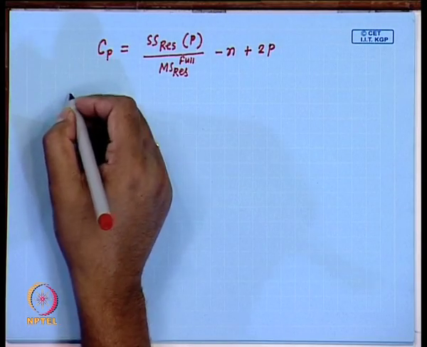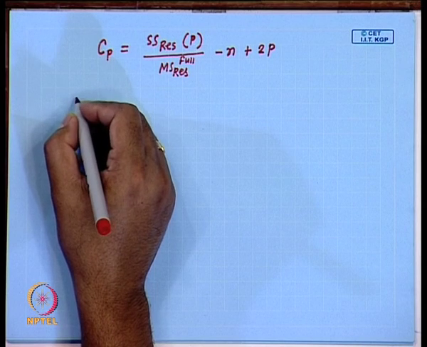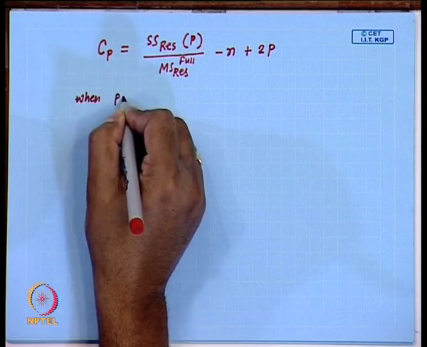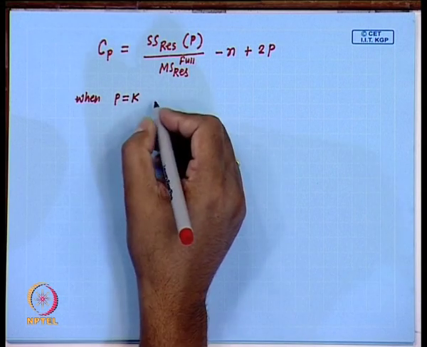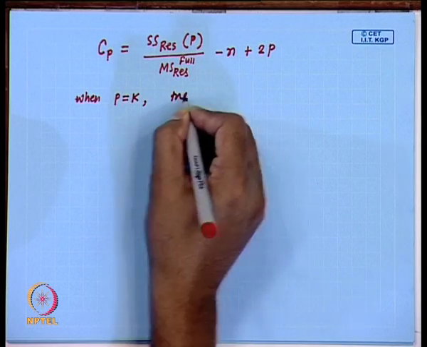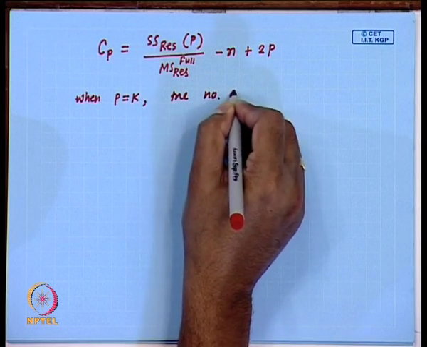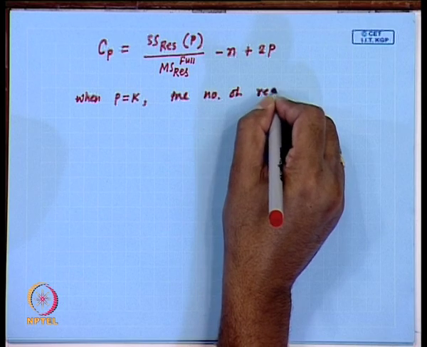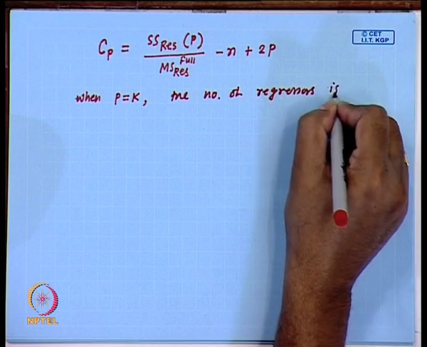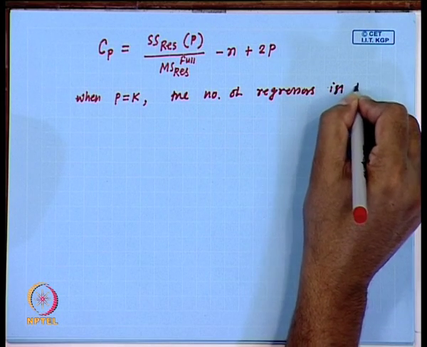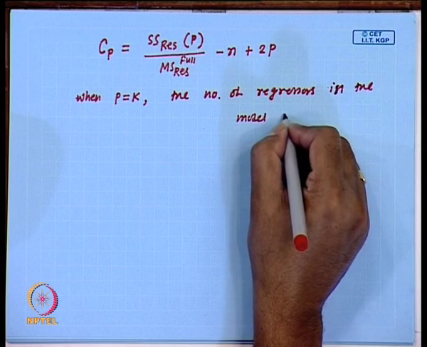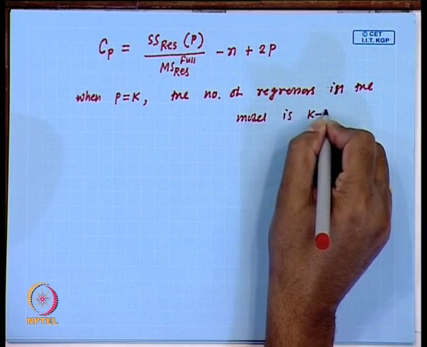Now, when p equal to k, that means the number of regressors in the model is k minus 1.